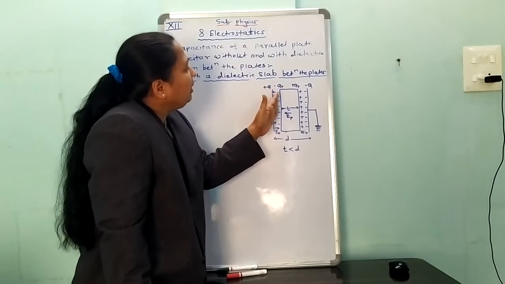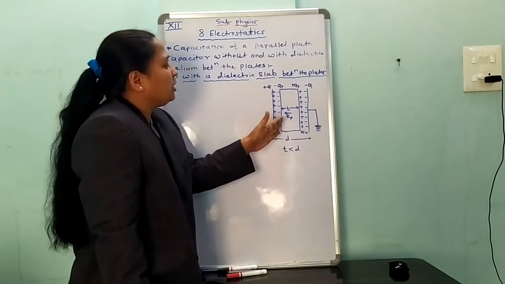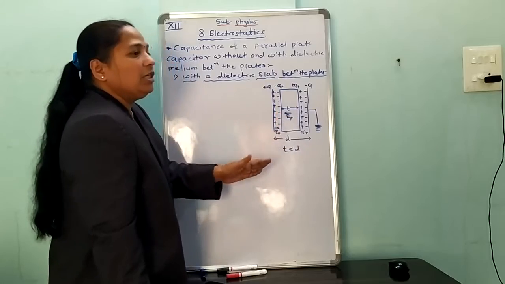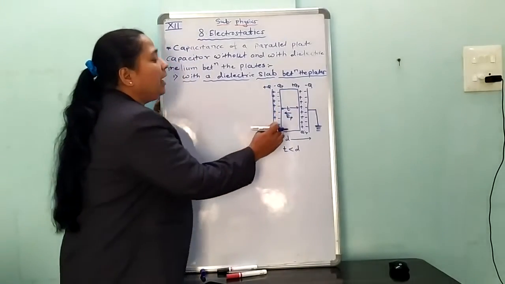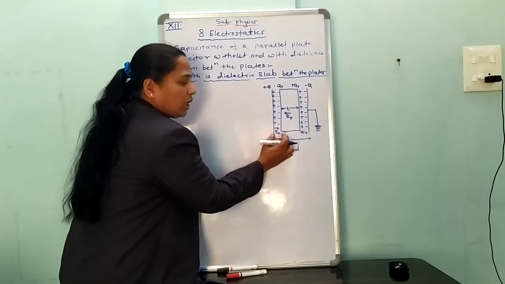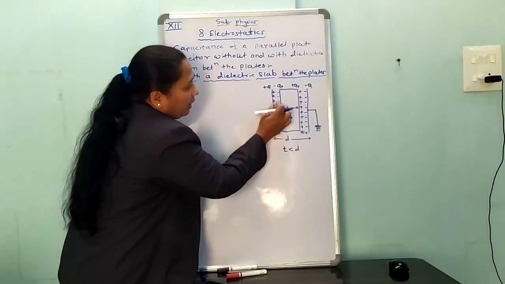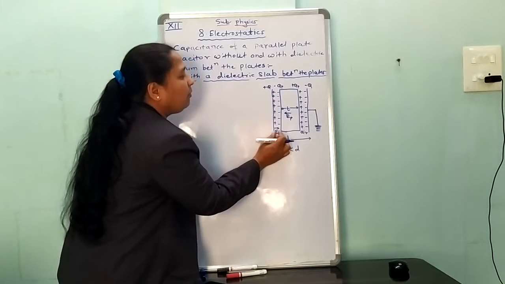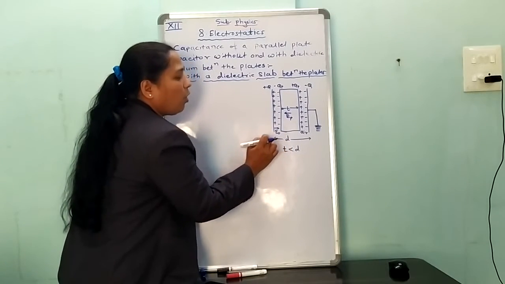The net electric field intensity between the positive and negative charges, where the air medium is kept, is denoted by E naught.